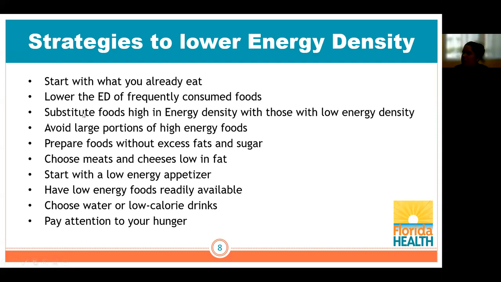The next thing is to substitute foods with high energy density with those with low energy density. It can be simple things. Maybe instead of eating chips, you eat something like popcorn, or instead of eating ground beef, you switch to ground turkey or ground chicken. That will also lower the energy density.